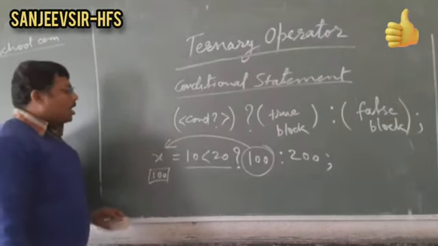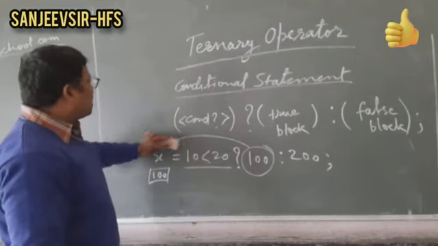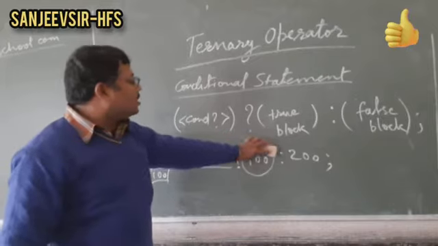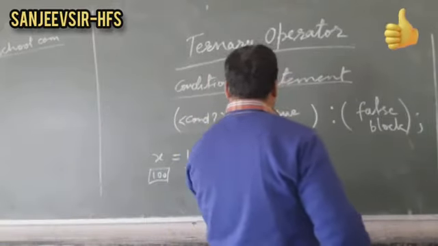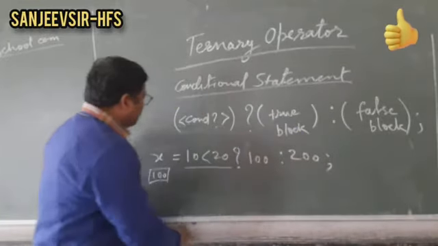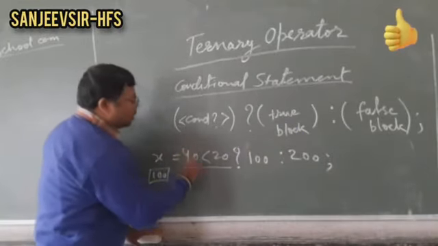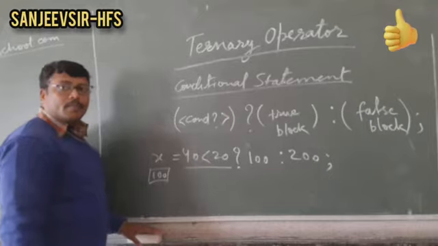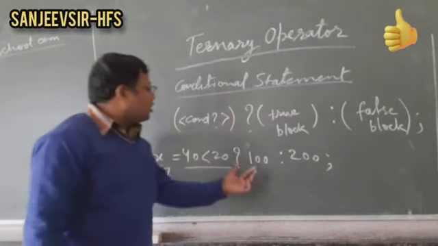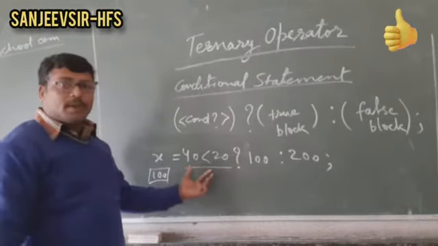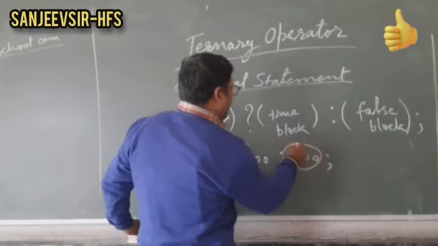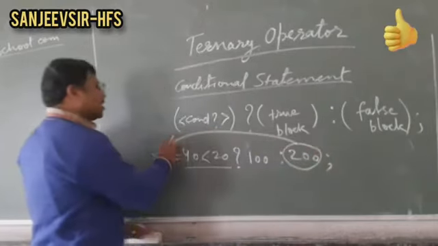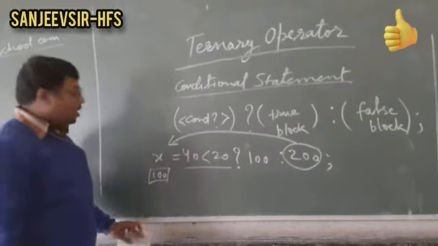Clear? Now suppose another aspect, we give another condition like that. 40 less than 20. This condition is false, then control moves to false block, and this value 200 will be assigned to x.